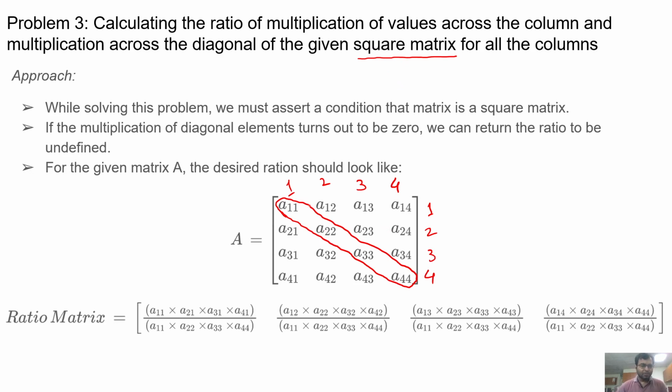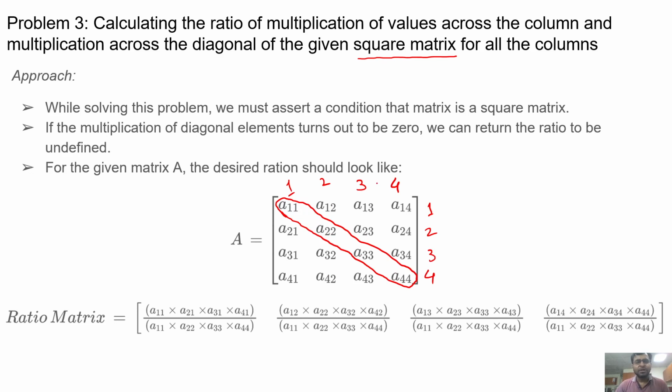So now the intended ratio is: for the first column we multiply A11, A21, A31, A41, and then divide it by A11, A22, A33, A44. And for the second column we need to multiply A12, A22, A32, A42, and then divide it by A11, A22, A33, A44.